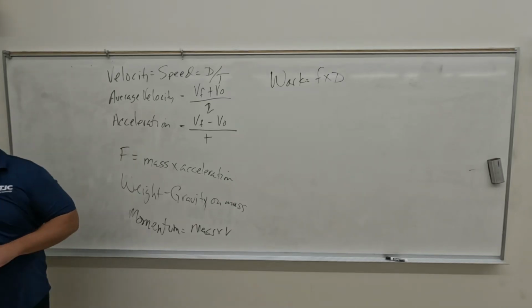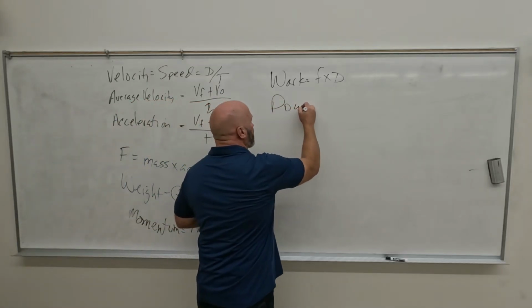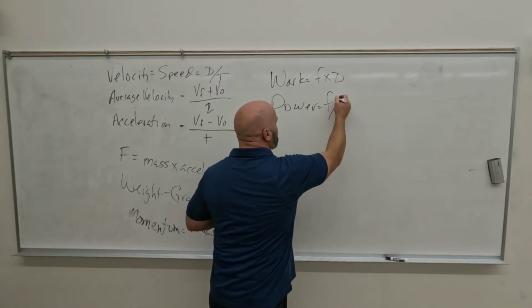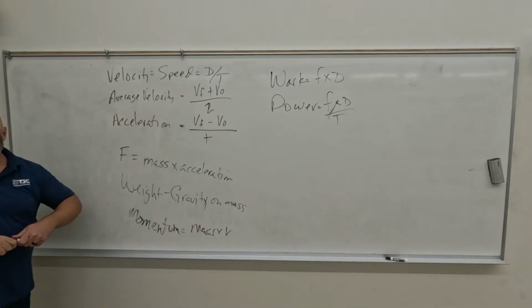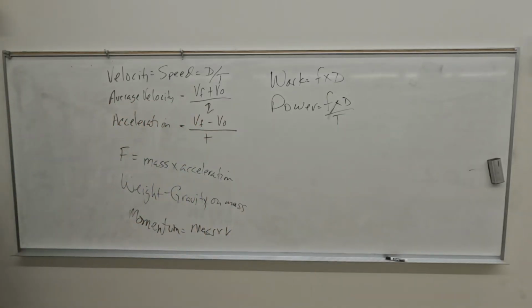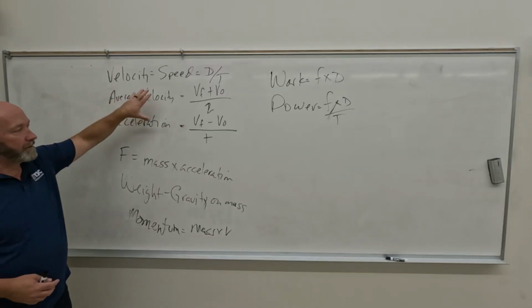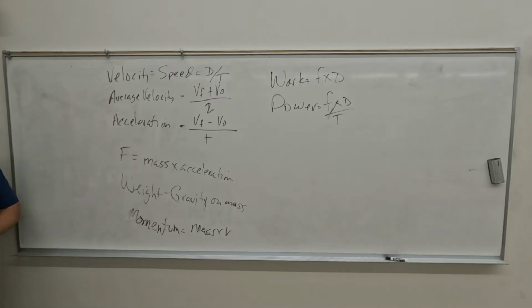So power is force times distance over time, right? Every one of these has some kind of time component. Once you get past velocity, in order to find any of this other stuff, eventually you're going to have to bring it all the way back to velocity, or at least incorporate some sort of time in there.